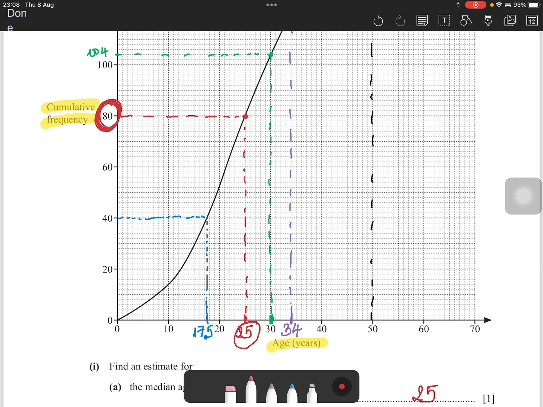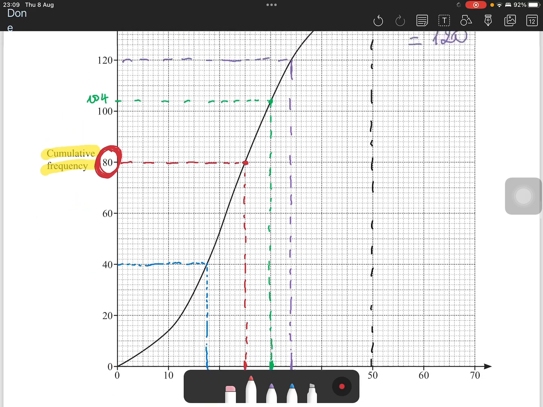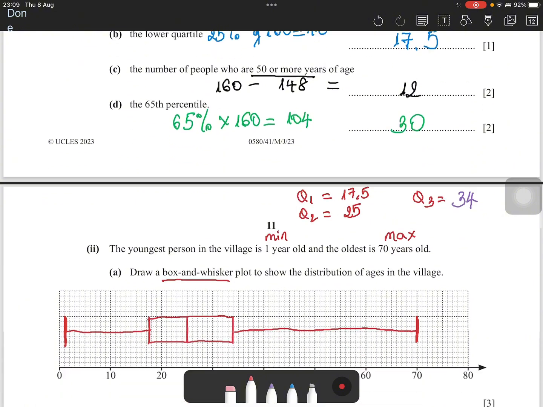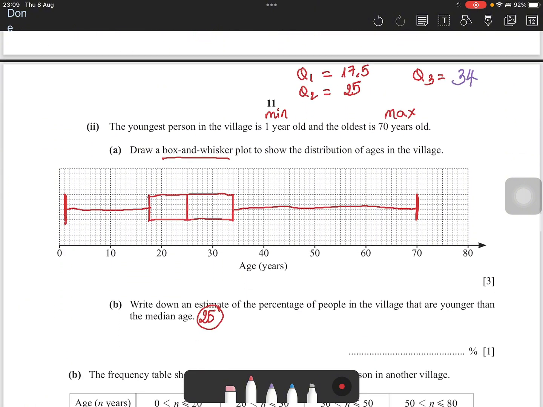So those who are younger than 25 years old will be this section, 80 people. And the total number of people is 160. So the probability is 80 out of 160 equals 1/2. And 1/2 means 50%.